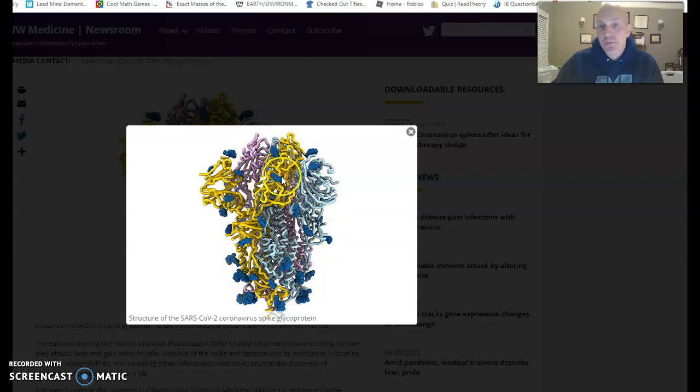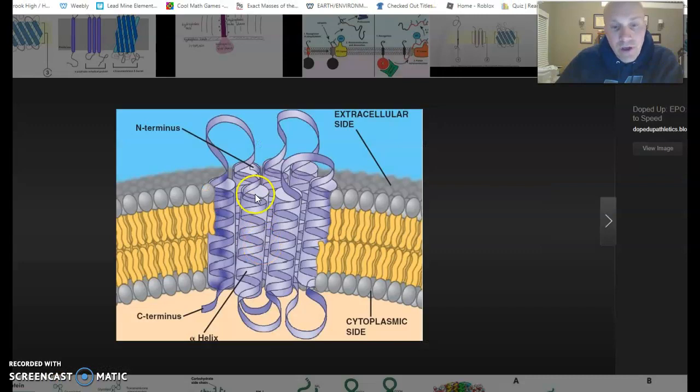But remember, this S protein is actually embedded into the membrane of the virus. So let's take a look at that. Here's a graphic showing a protein that's embedded into a cellular membrane. Again, here you have your phospholipid bilayer.